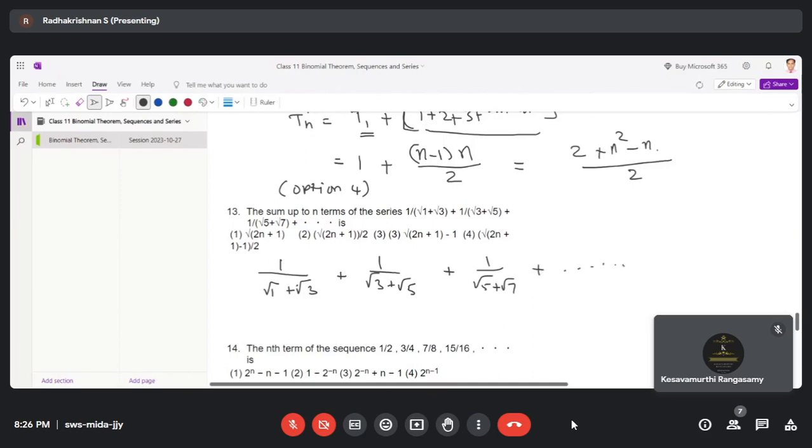Okay, so what type of series is this? This is not looking like an AP or GP or HP, nothing, right?